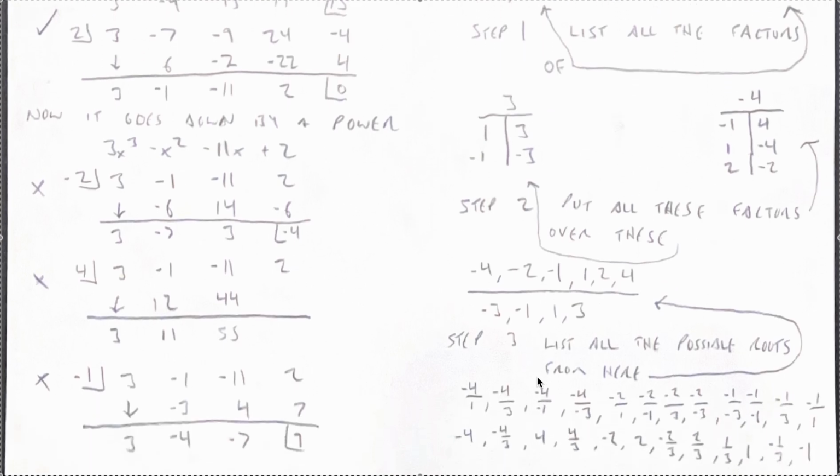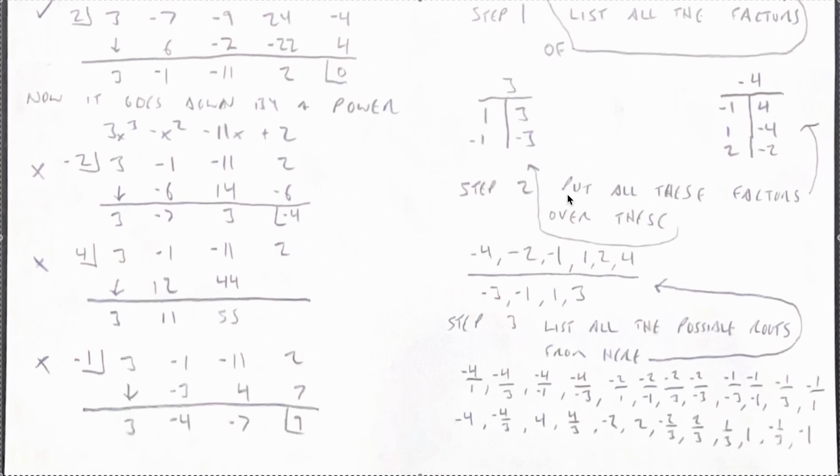After you get the factors, you're going to move to step 2. You're going to put all these factors, negative 1, 4, 1, negative 4, 2, and negative 2, over top of all these factors. That's your 1, 3, negative 1, negative 3.